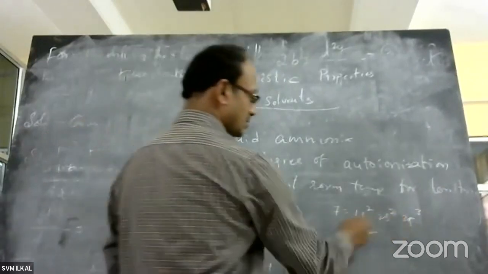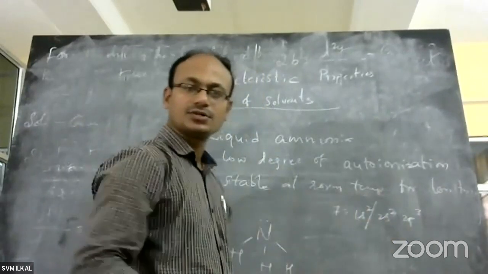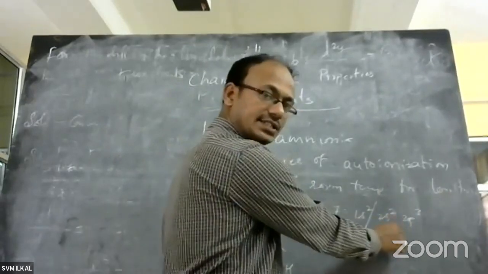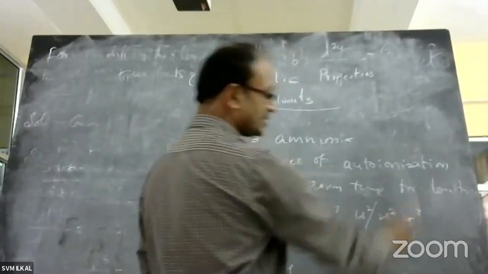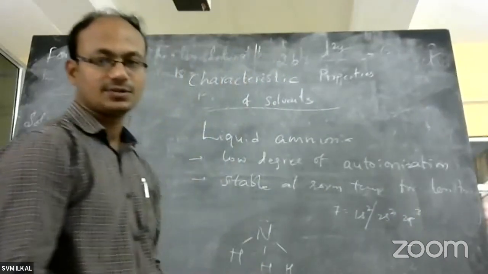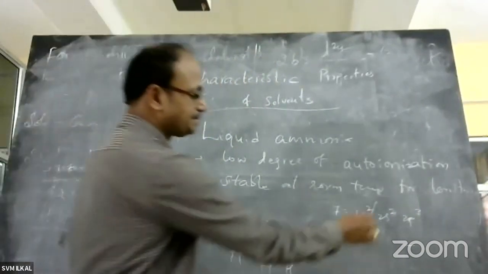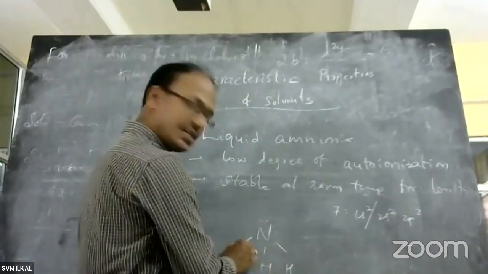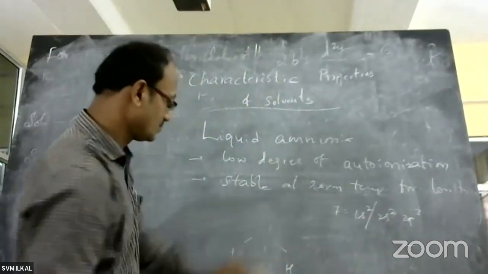The first shell has 2 electrons, the second shell has 2 electrons, and the p subshell of the second shell has 3 electrons. Those three electrons will be shared by the hydrogen atoms here. We can see here.